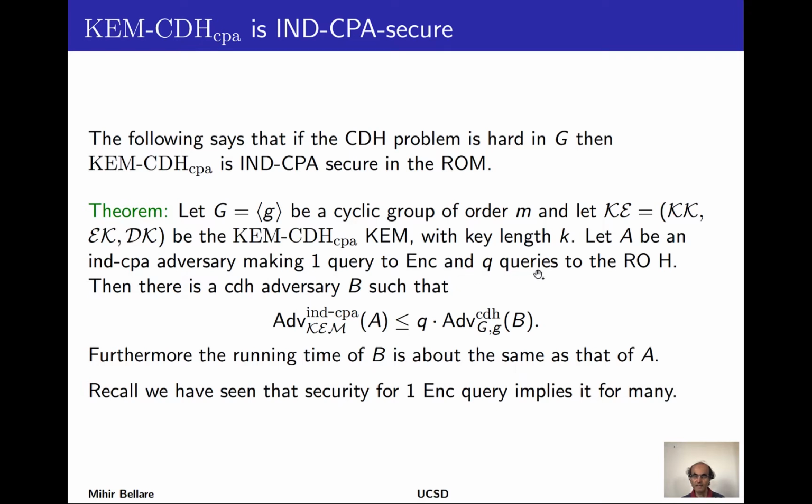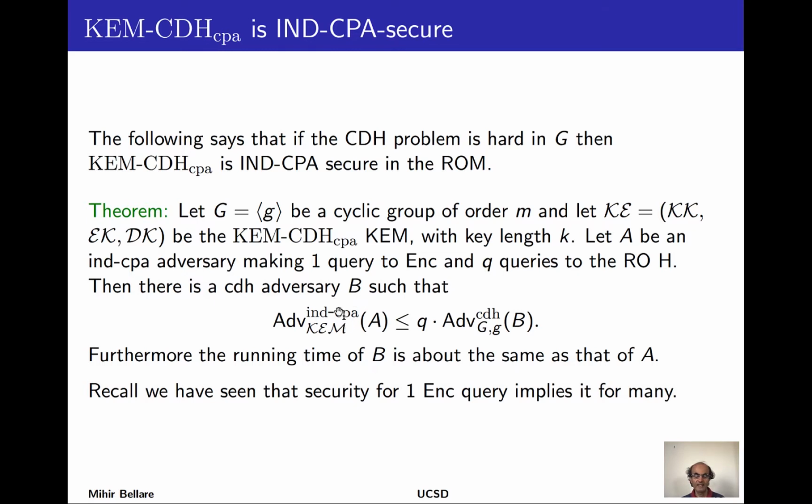Now, at this point, the hash function itself is also a game procedure. So the way we measure the resource usage there is also by queries. So we're going to assume some number of queries, q, are made by the adversary to the random oracle hash function. Now the theorem says that there is a computational Diffie-Hellman adversary B such that the following holds.